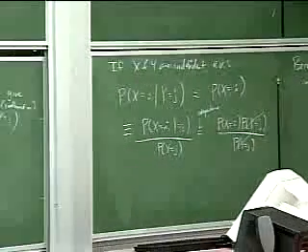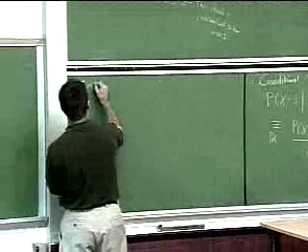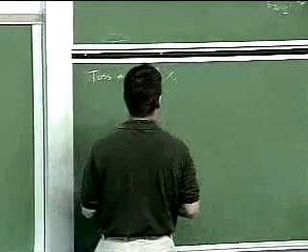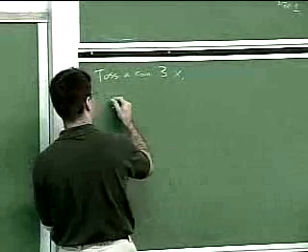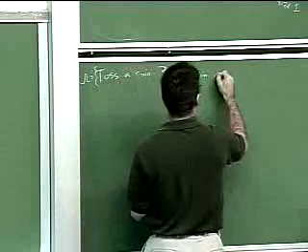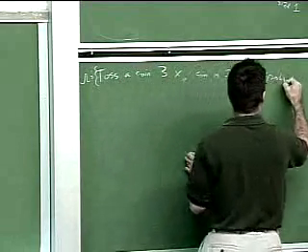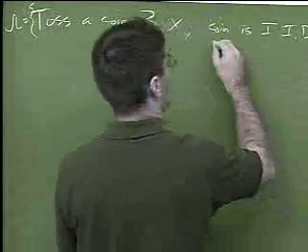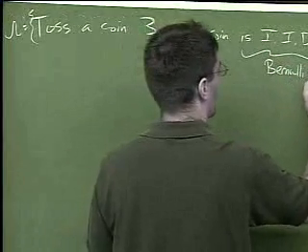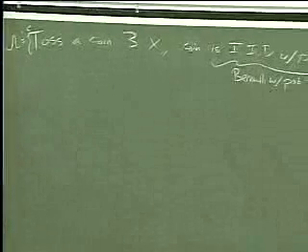Okay, let's do this. Let's toss a coin 3 times. So that's omega. The coin is IID with probability P. Or I could just say Bernoulli with probability P. Okay?